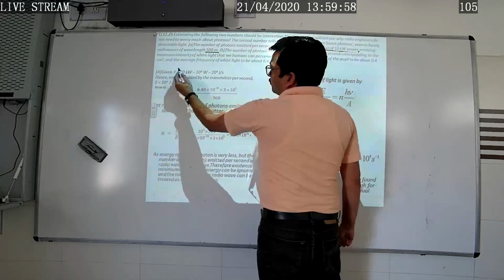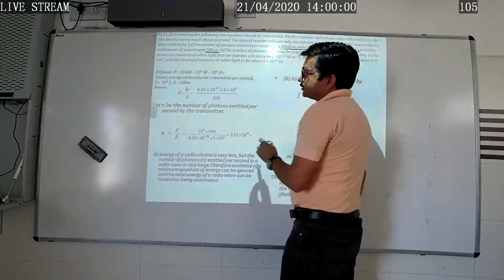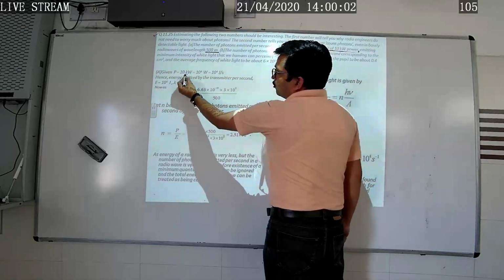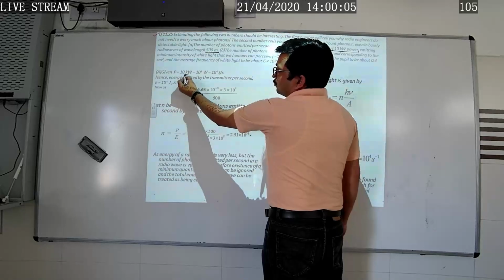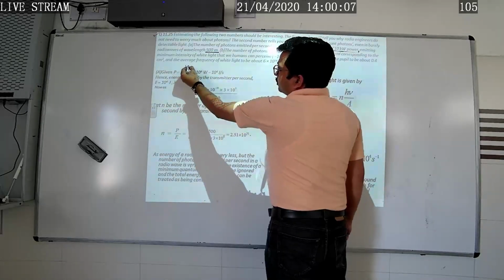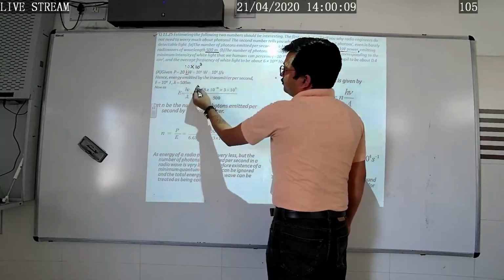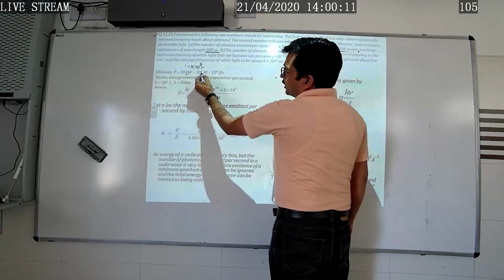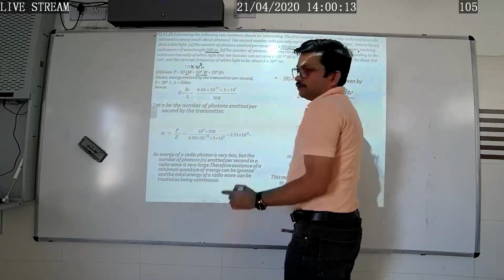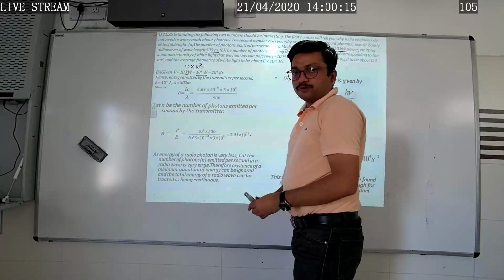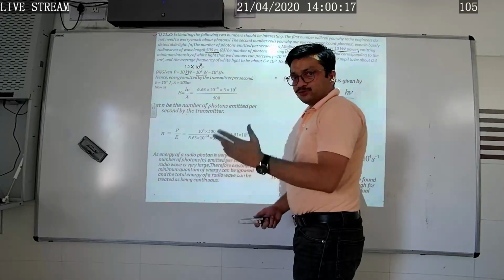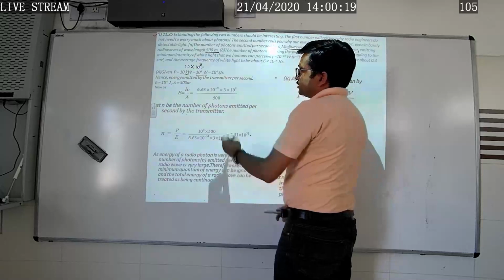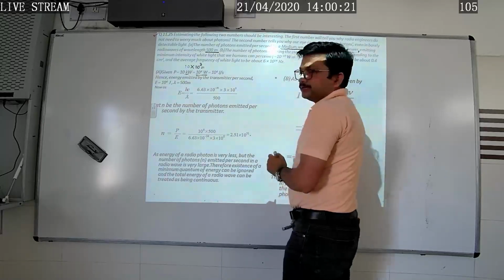We have been given the power of the transmitter, 10 kilowatt. 10 kilo means 10 to the power 3. So when 10 is multiplied with 10 to the power 3, we get 10 to the power 4 watt. Now watt is the unit of power, and power is energy over time, so joule per second is written.